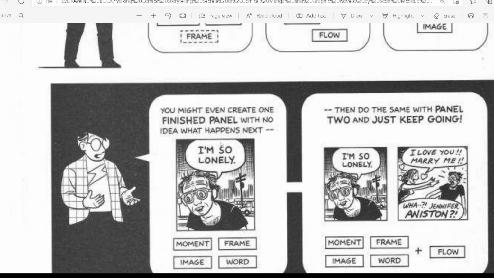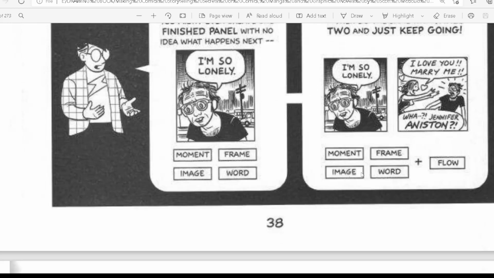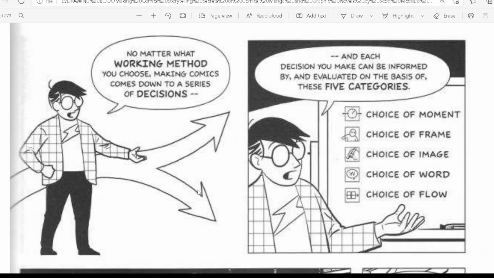So first of all, write your script, whatever is in your mind, then start to draw your comic strip in a simple way, and then finally detail it. Then I think it will be better for you.